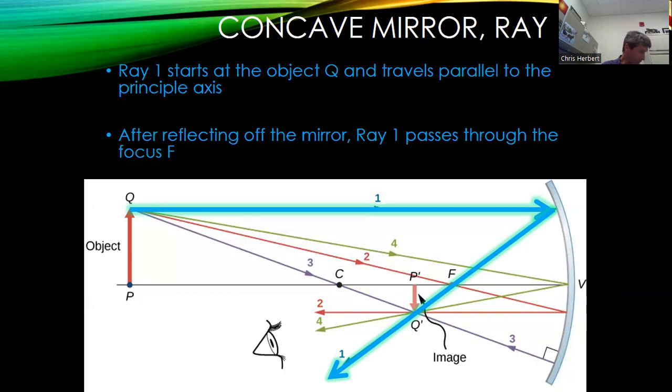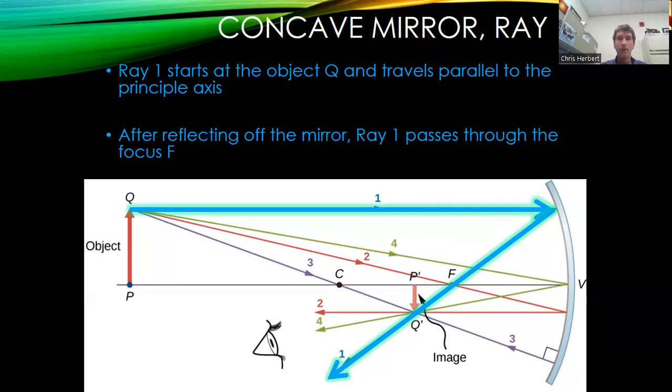And again, the reason why this is passing through the focus is because the normal direction is actually a line between the center of curvature and the mirror. Okay, so the angle of reflection has to be equal to the angle of incidence, and that's satisfied by taking any parallel ray and passing it through the focus.